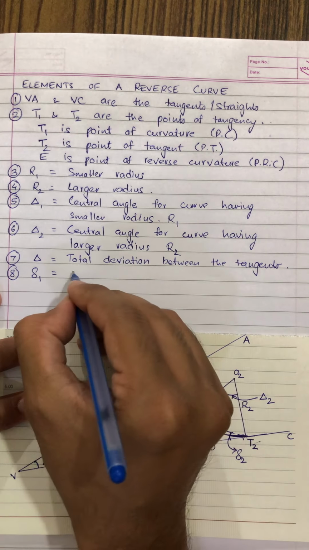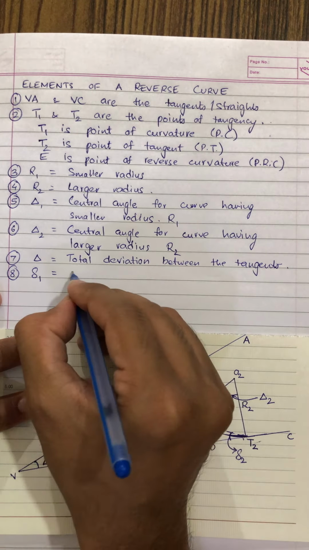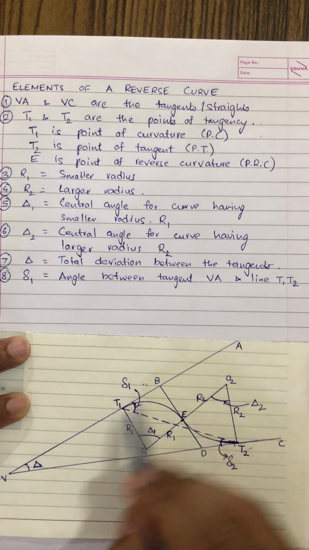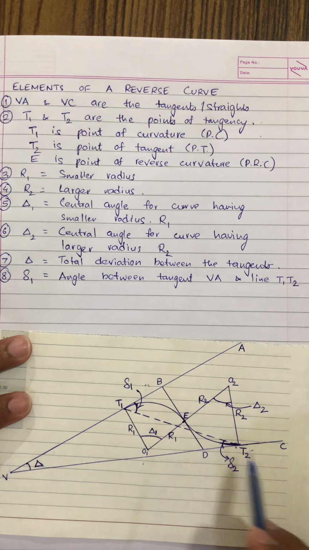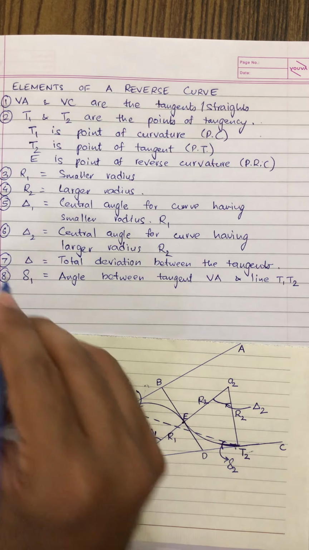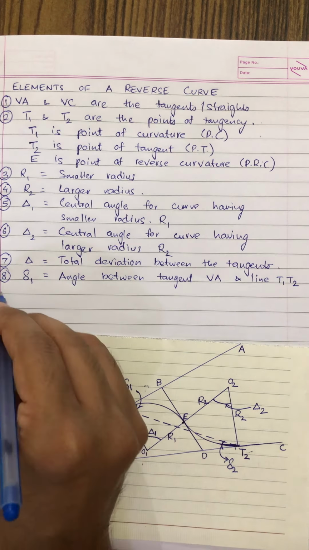Okay. So del 1 is the angle between tangent VA and line T1, T2. This is the angle between line VA and line T1, T2. Similarly, what will be del 2?